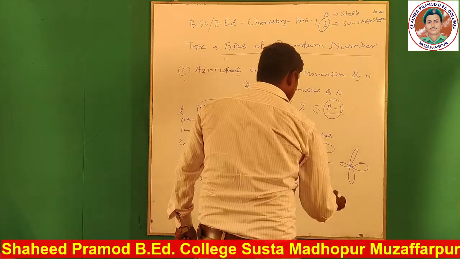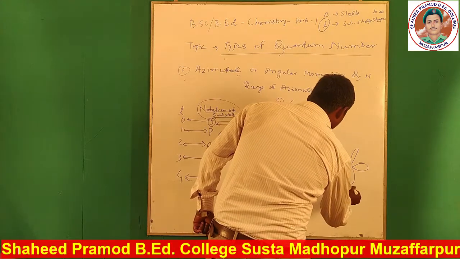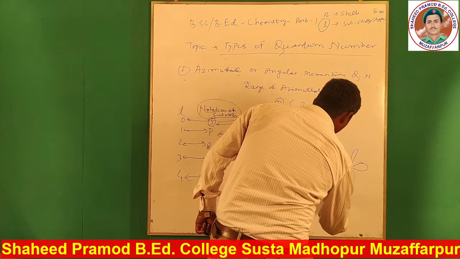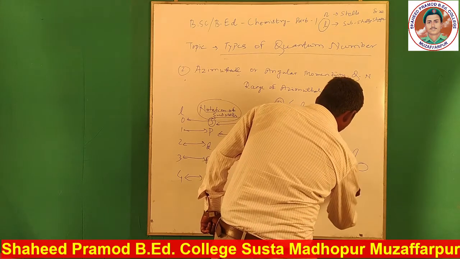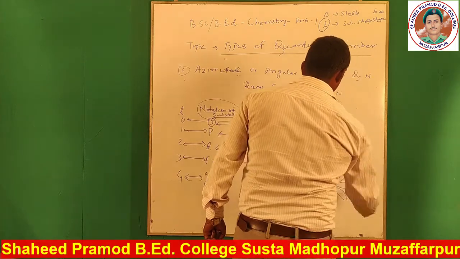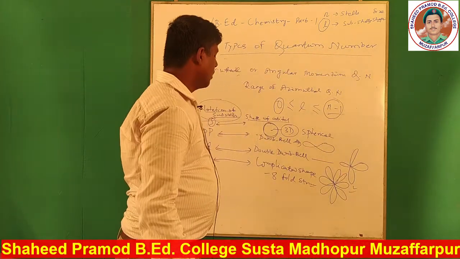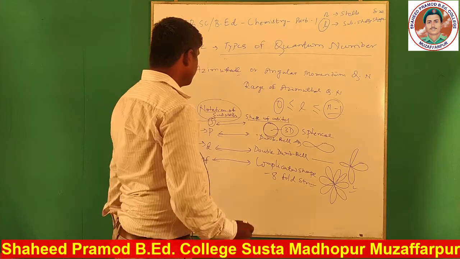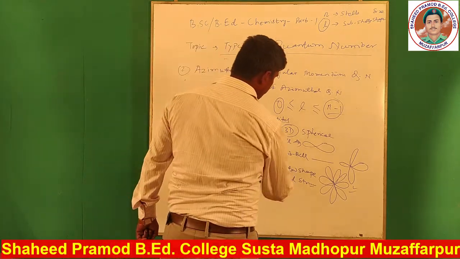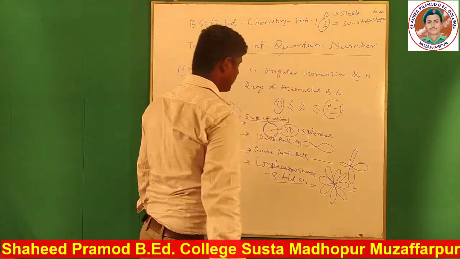If you see, this is a dumbbell, so you can draw like this. There will be eightfold, 3, 3 and 2, which is quite complicated. That is why we say the shape of F subcell is complicated, an eightfold structure.